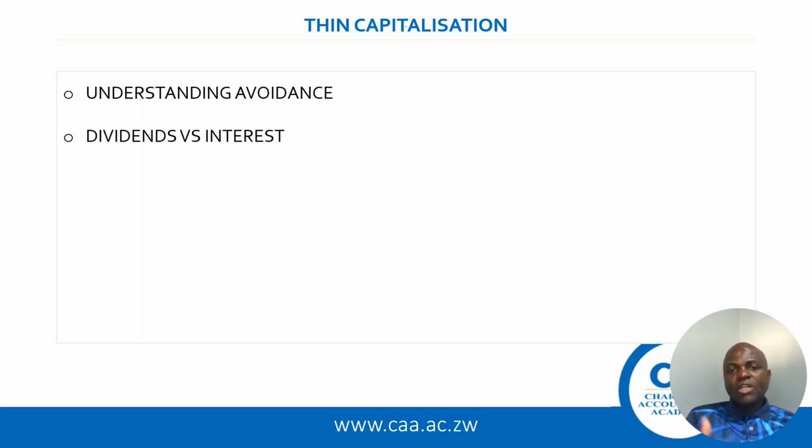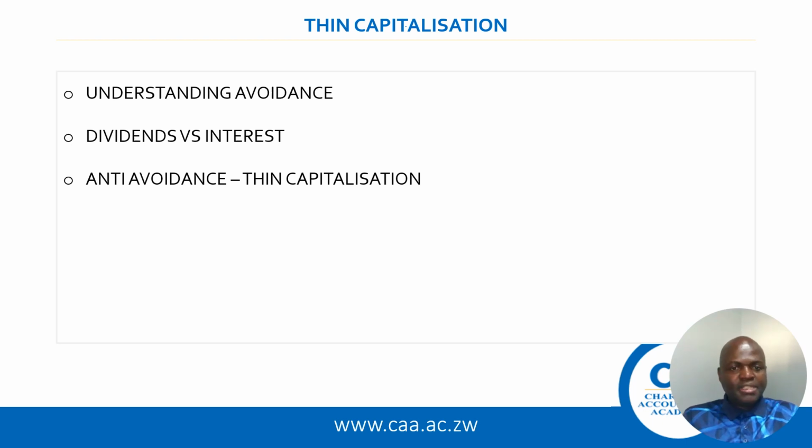mechanisms kick in, you will have that challenge of that tax which you thought you had saved or avoided coming back, and sometimes with punishable mechanisms. And that's what thin capitalization is about.